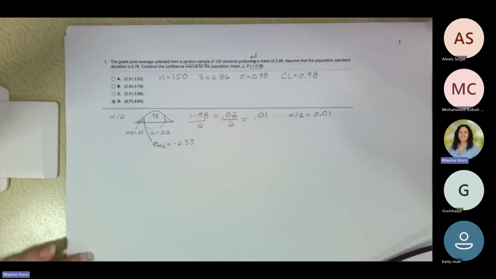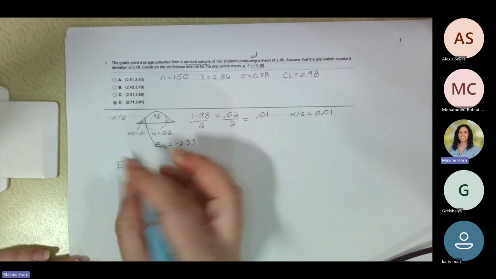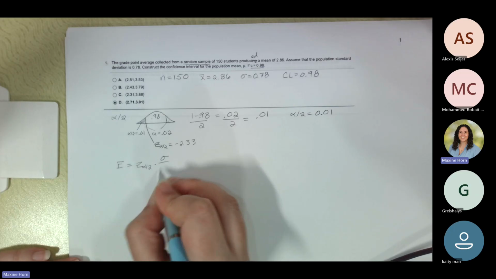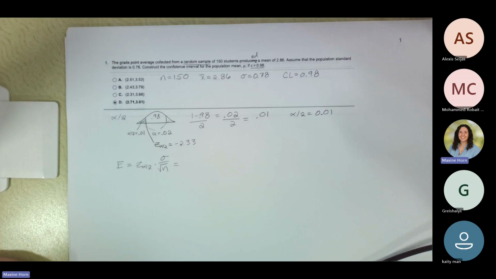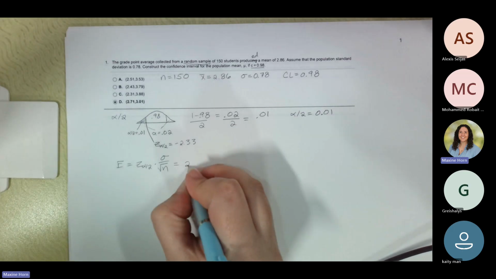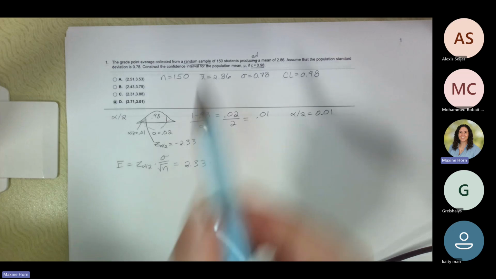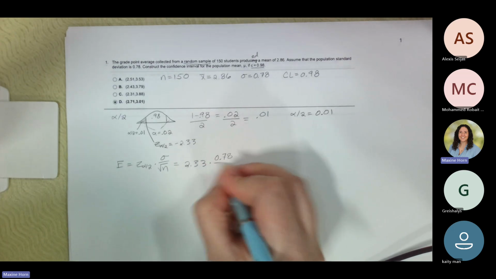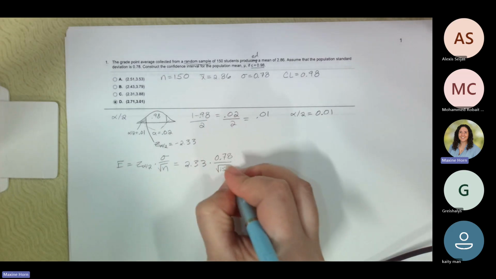Okay, so we're going to say margin of error equals z alpha halves times population standard deviation over the square root of n. So let's plug in everything that we have. We calculated our z alpha halves is 2.33. Our population standard deviation, we were told up here, is 0.78. And our n value, our sample size, is 150.